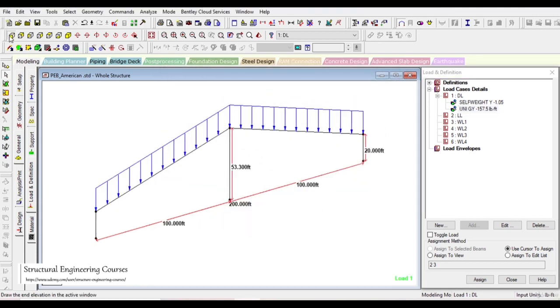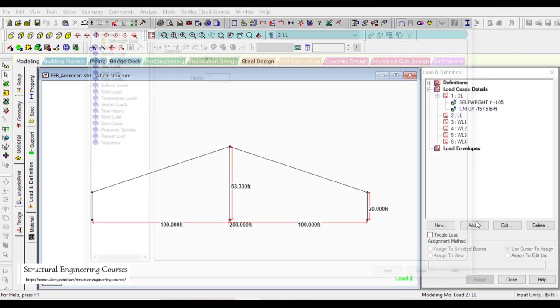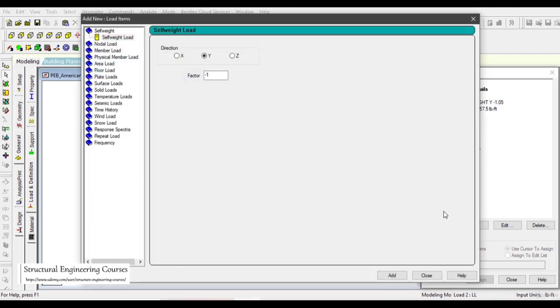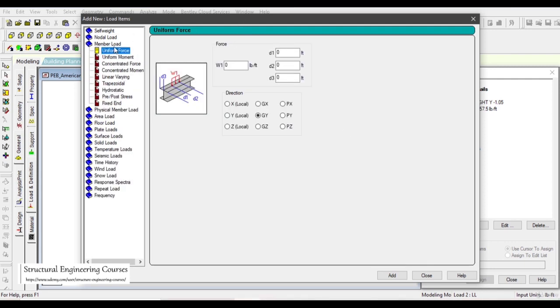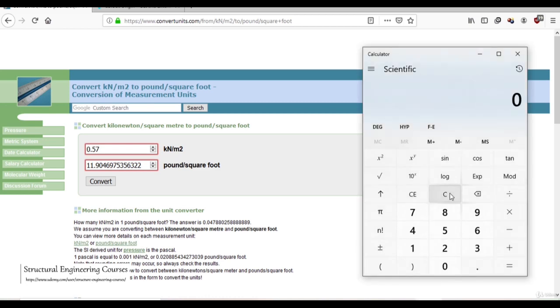So now the loading is correct here. After that, similarly, as per the American standards, we can take the live loading as 0.57 kilonewton per meter square. We can calculate it here, 0.57 comes out to be 11.91, or we can take it as 12 psf. So 12 psf we need to multiply with 25 feet, that is bay spacing.